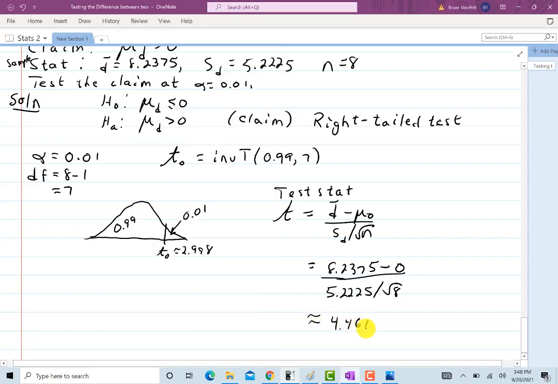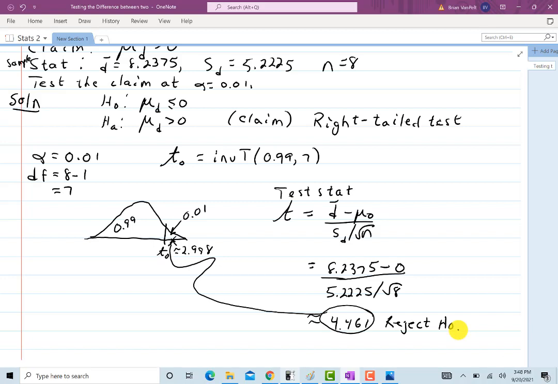So approximately 4.461. Let's see where that lands. Oh, that is inside of there for sure, isn't it? So we reject H naught. In the context of this problem, that means that we can't really say that they improved their scores or their times on the obstacle courses.